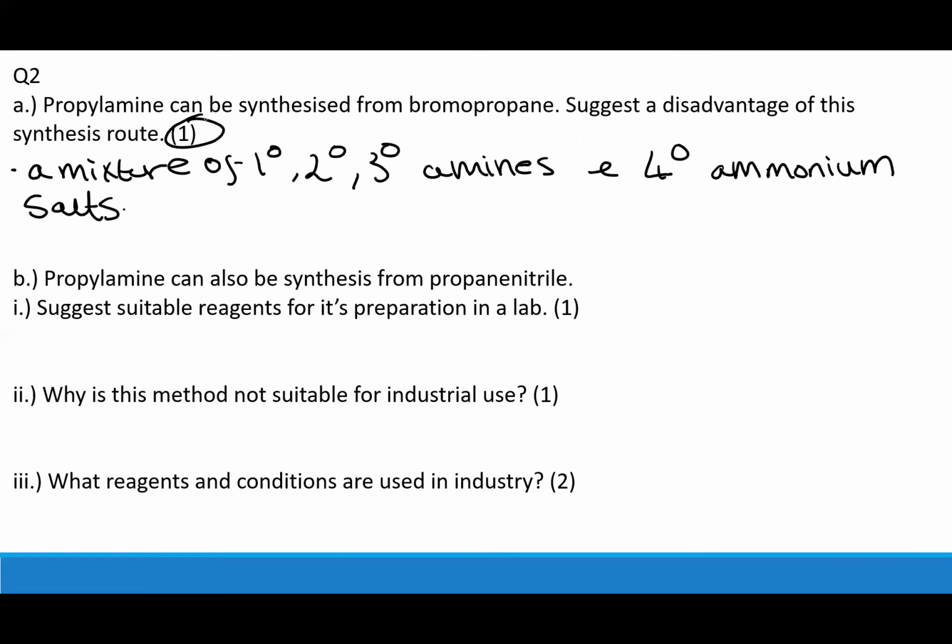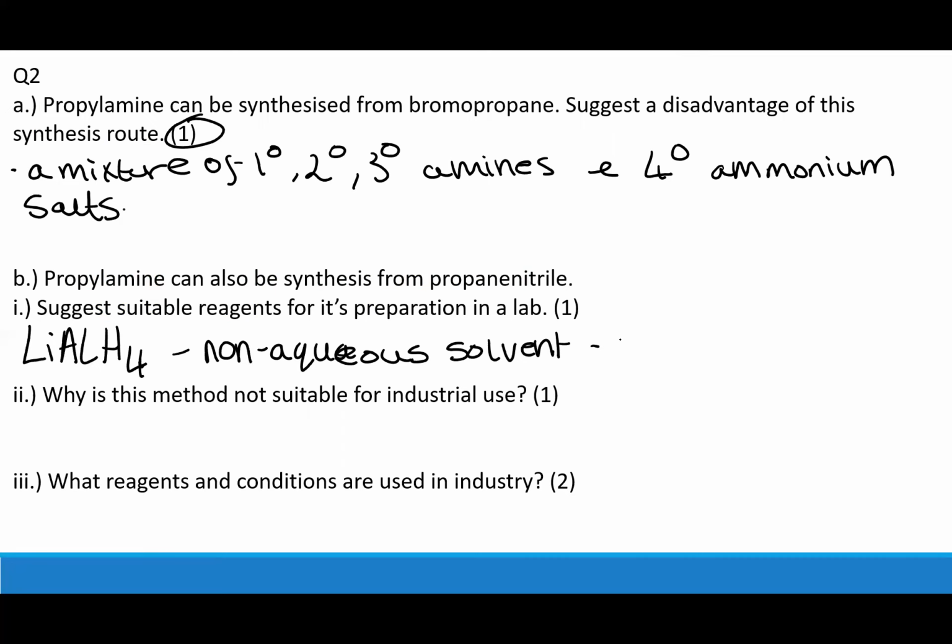So remember, that's when we need that lithium aluminium hydride, LiAlH4, and that non-aqueous solvent, such as dry ether, followed by that dilute acid. Why is this method not suitable for industrial use? That's because it's too expensive.